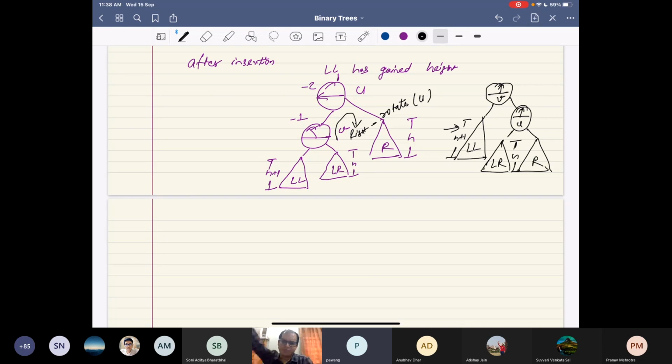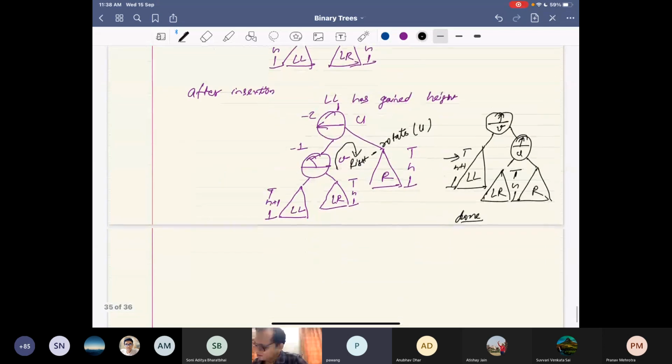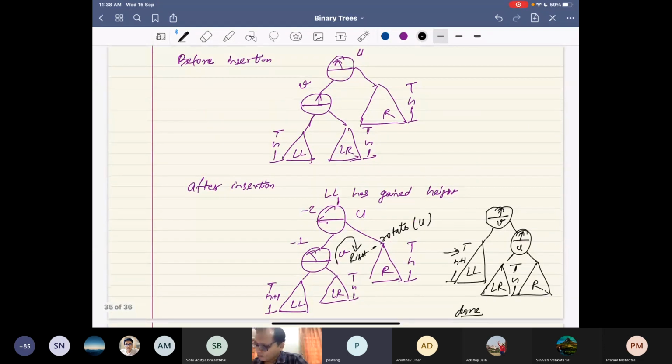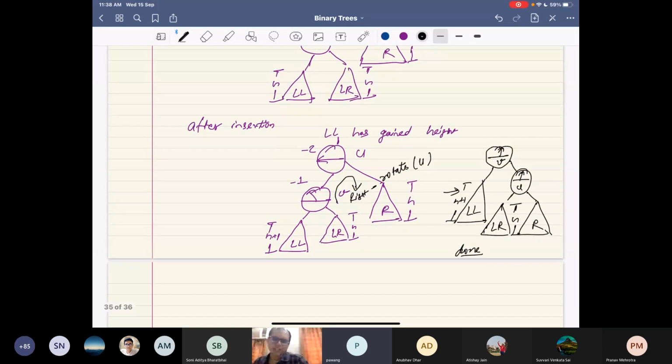That means I don't have to go up further. After this rotation, I'm done. Overall tree has not gained height, you can see. Before insertion, what was the height? It was H+2. Now also it is H+1+1, H+2.